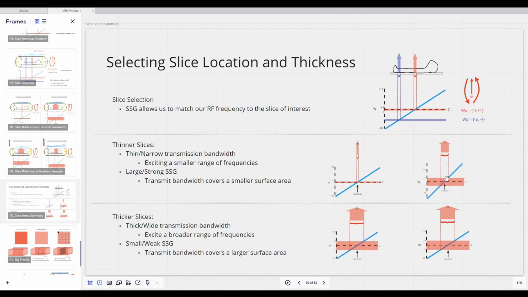There's just a greater rate of change of frequencies across the patient, and so the slice is smaller. Here, it's thicker. Okay. So this is just kind of like the core takeaways from slice selection and how you get a thicker or a thinner slice and how you pick your slice. Any questions about this? This is just summing up what we just talked about.